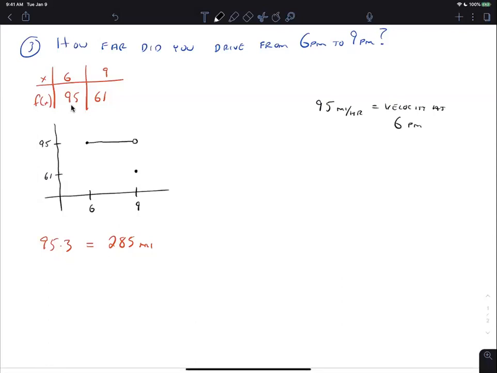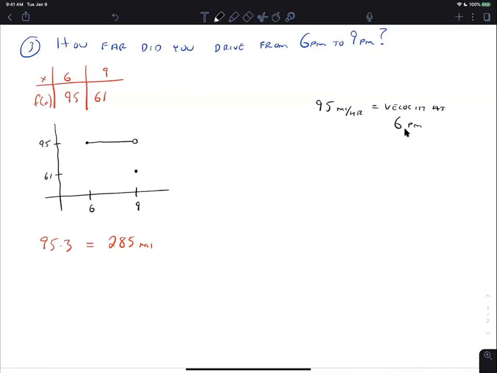What is the mathematical symbol that represents that? Is that like x? Is that f of x? Is that f prime of x? What mathematically would get us this 95 and would represent the velocity at 6 in this problem? What do you guys think? f of x, and specifically f of 6. Does that make sense to everybody?